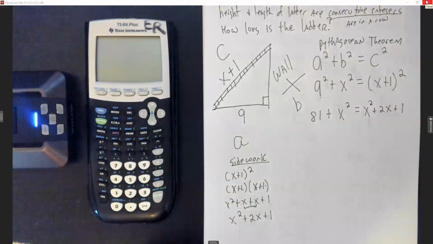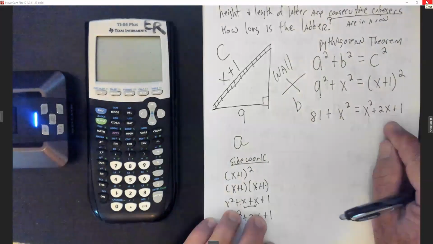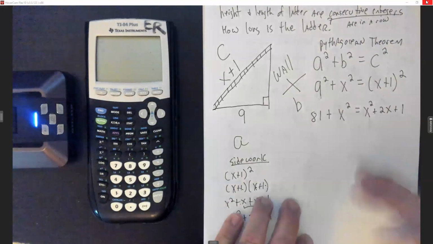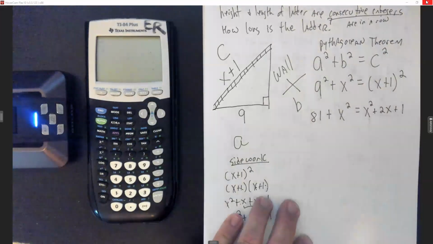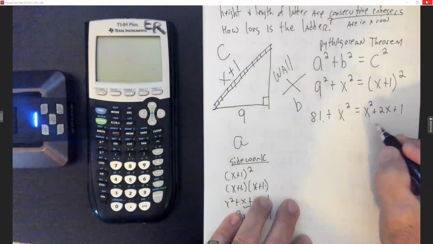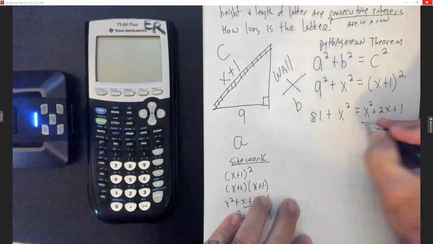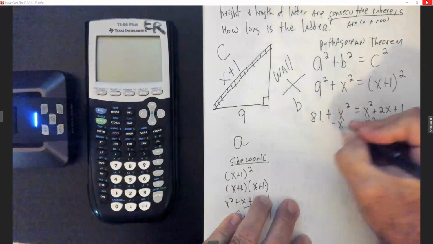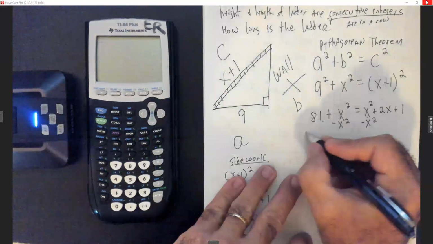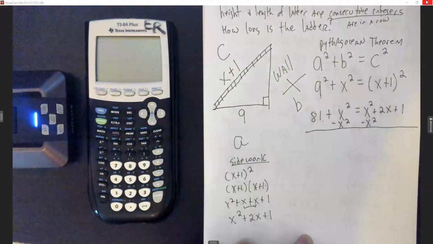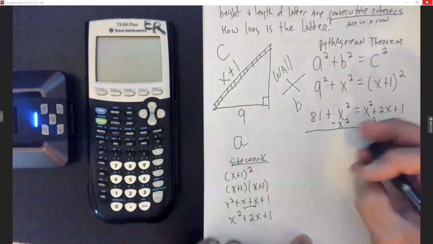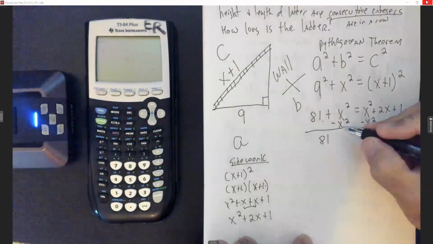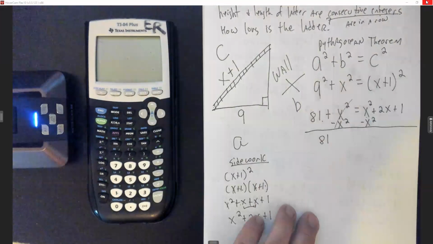All righty, so now it's time to solve this. It looks like I need everything on one side equal to 0. So I'm going to move the x squareds to this side, subtracting an x squared from both sides. Oh, but look what happens on this one. I get my 81. Those x squareds canceled. That's going to equal the right side.